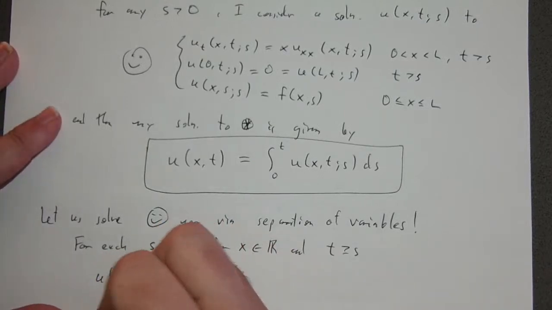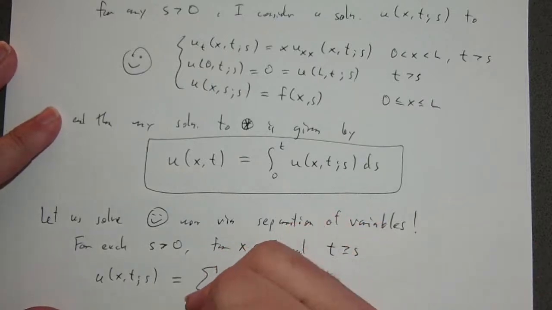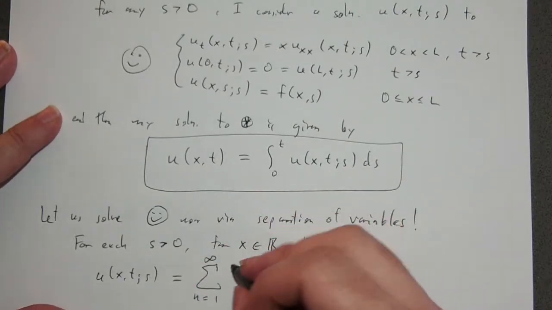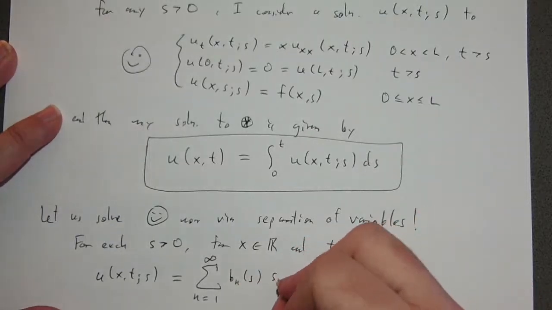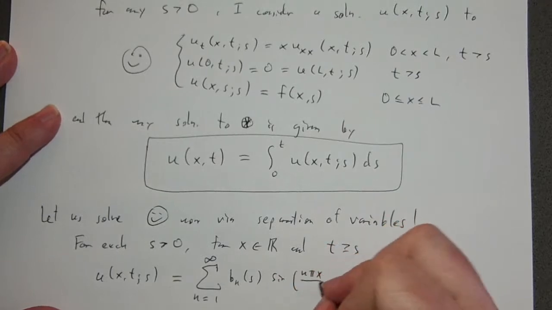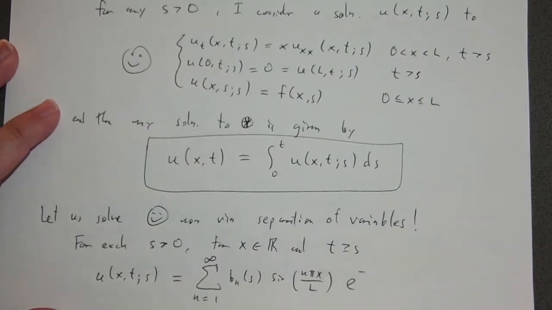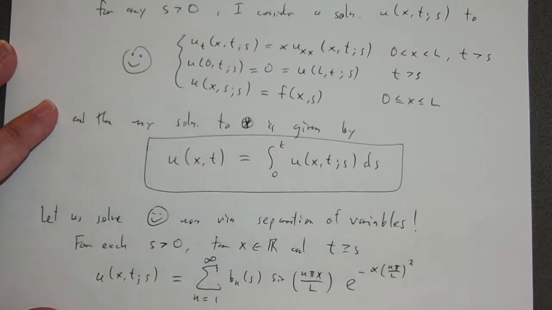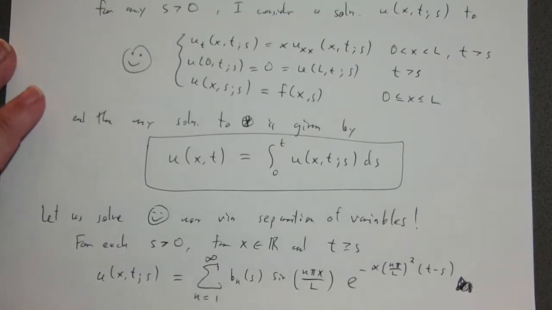U of x, t, s is an infinite sum from n equals 1 to infinity of some coefficients here that are actually going to depend on s, sine of n pi x over L times e to the minus alpha (n pi over L) squared times (t minus s). Oh, there's no ds here. There's no integral. Okay.